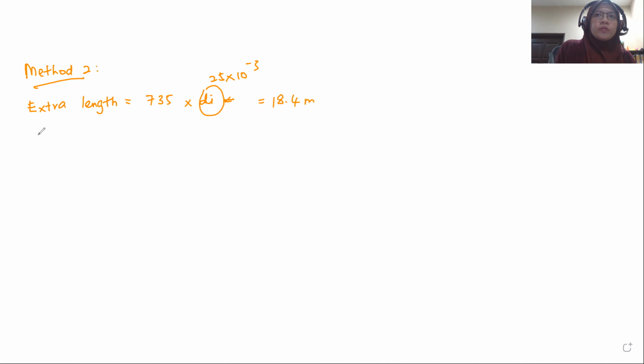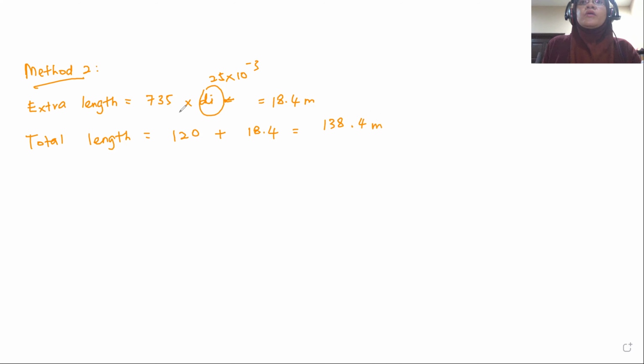So to calculate the total length, our actual length is 120 meter plus 18.4 for the extra length that we needed. We will get 138.4 meter.